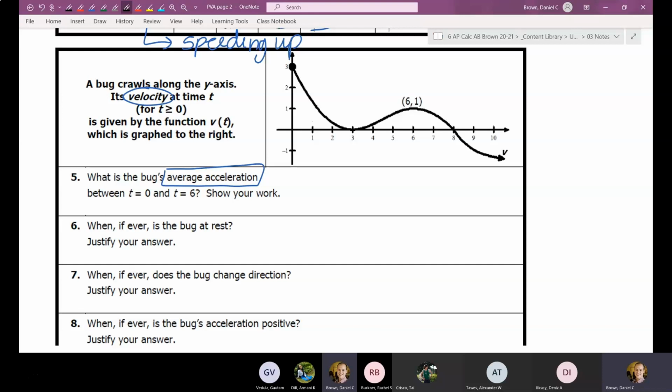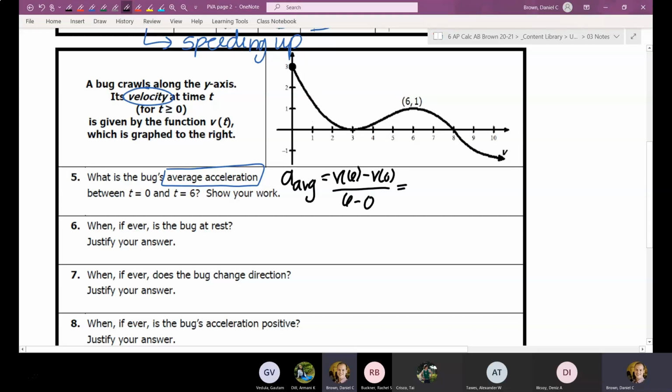This is from an actual AP exam. They asked you to show your work just so you can verify that they know where these numbers come from. So average acceleration is the change in y over the change in x, the change in velocity. So I'm going to have v of 6 minus v of 0, all over 6 minus 0.